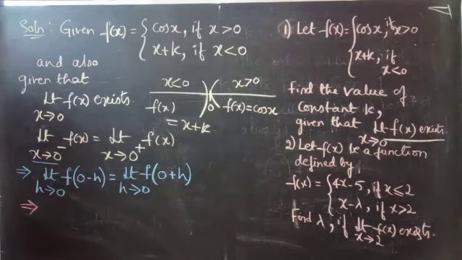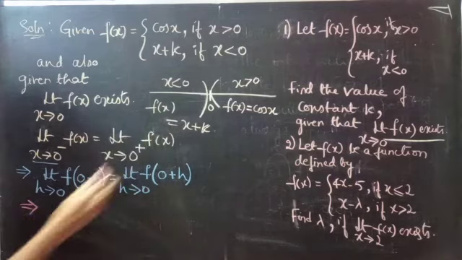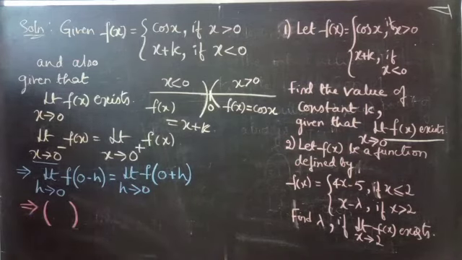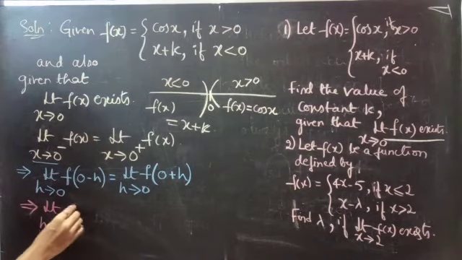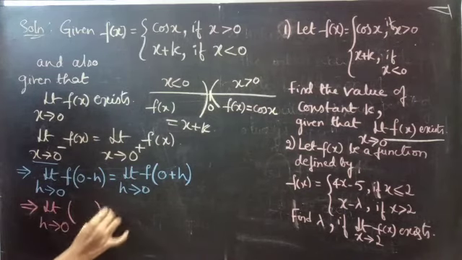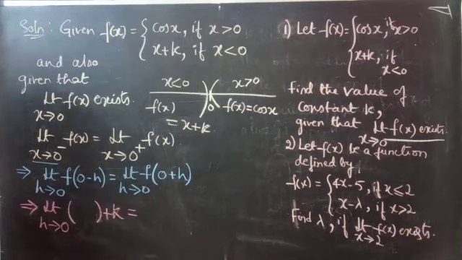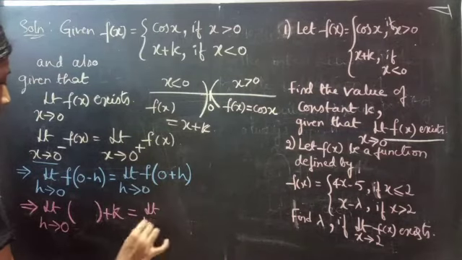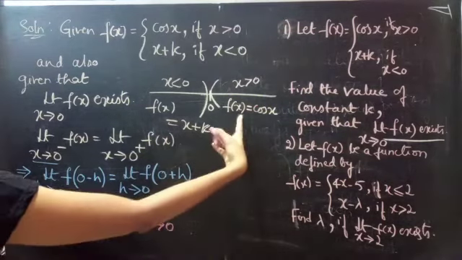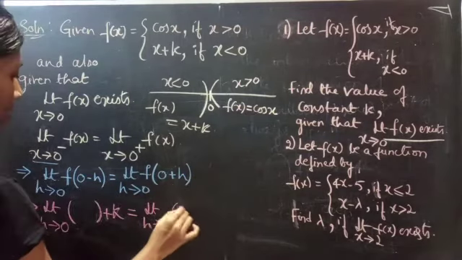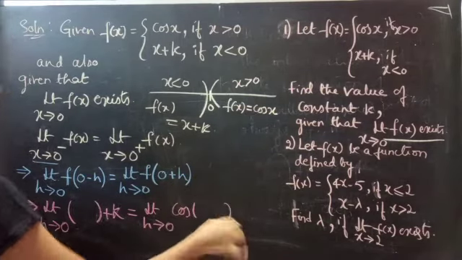So this implies, once again, limit h tends to 0 of x plus k equals limit h tends to 0 of, for x greater than 0, we'll have f of x equals cos x.